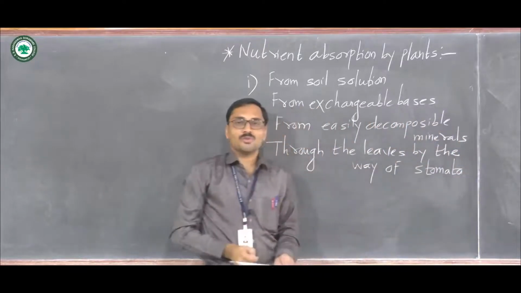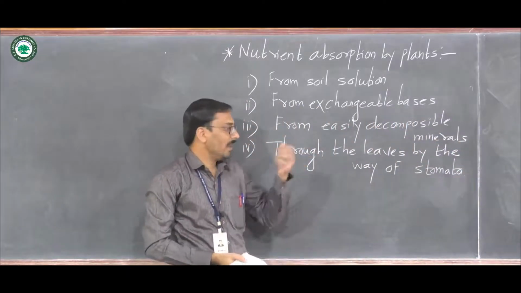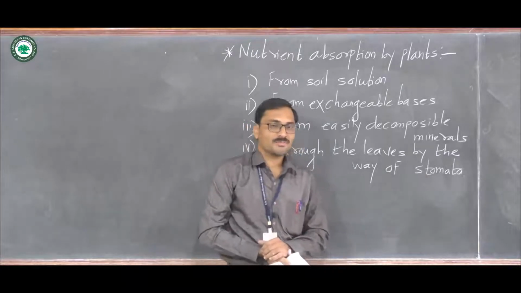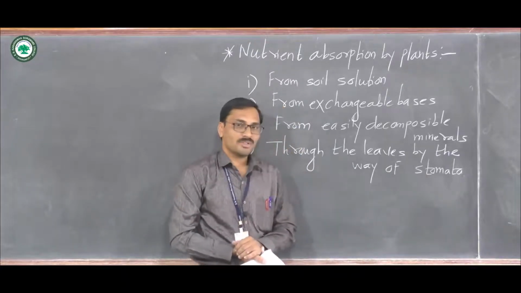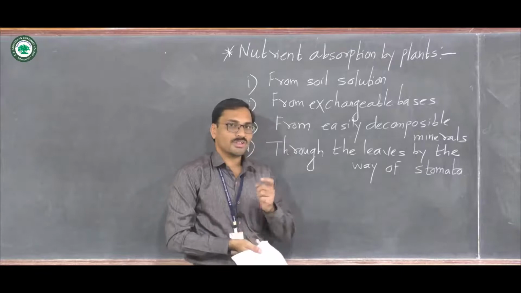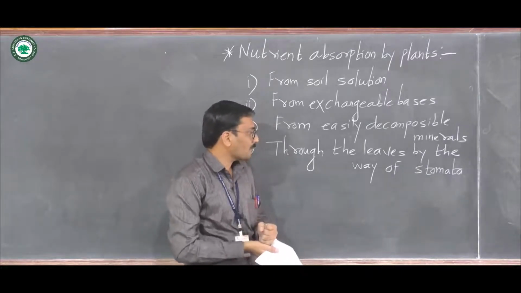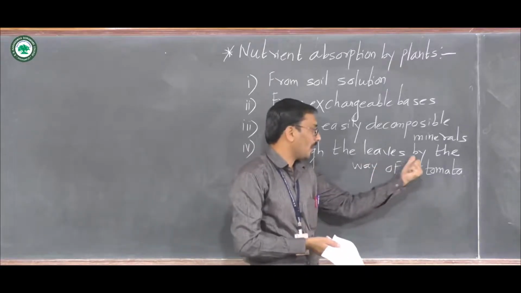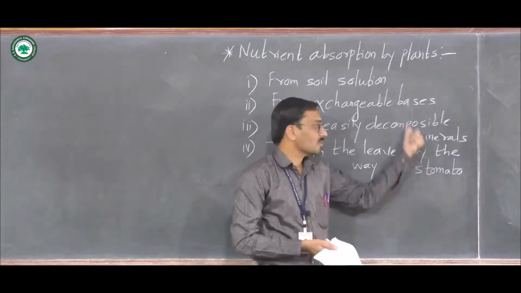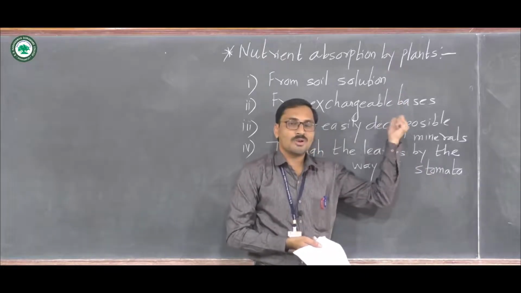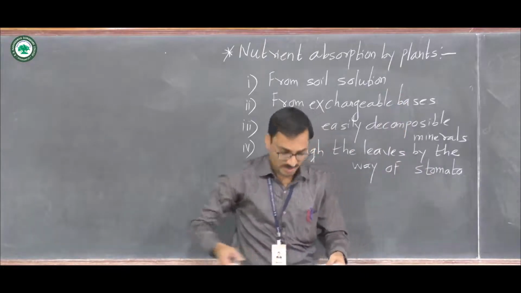Some nutrients, we can say atmospheric nutrients, which are dissolved in the water droplets, can be absorbed through the leaves by way of stomata. So these are the 4 devices for absorbing the nutrients.